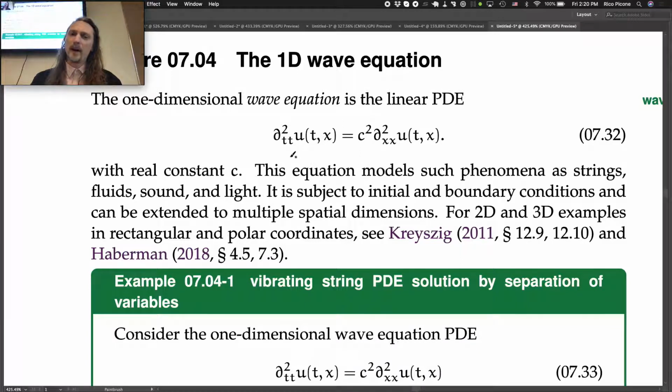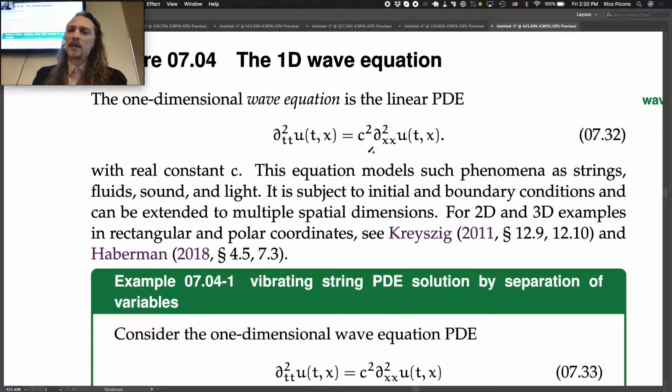But the significant difference this time is we have a second time derivative on the left-hand side. It's still a one-dimensional equation with real constant c, and c squared is what we choose to call the constant there. It's just a convenient way of doing it; you could just leave off the squared if you wanted to.